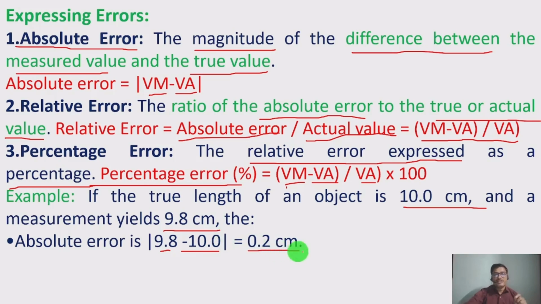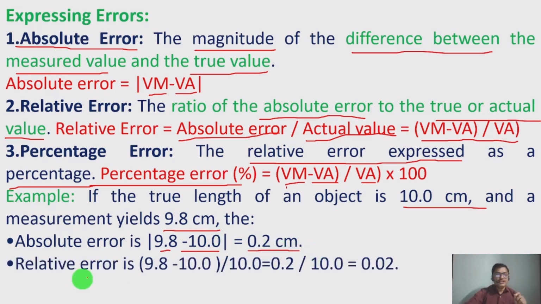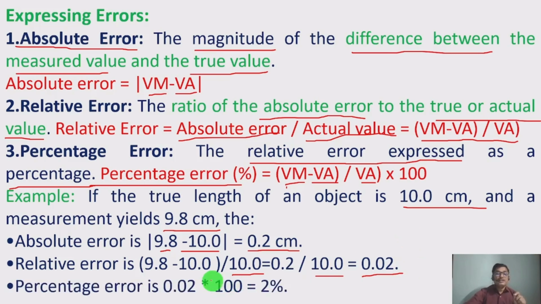We have taken the modulus, that's why it is positive. Then relative error is the absolute error by the actual value 10.0, it is 0.2 by 10.0, which is 0.02. Then percentage error is the expression of the relative error in terms of percentage. If you multiply by 100, we get 0.02 multiplied by 100, which is 2%.